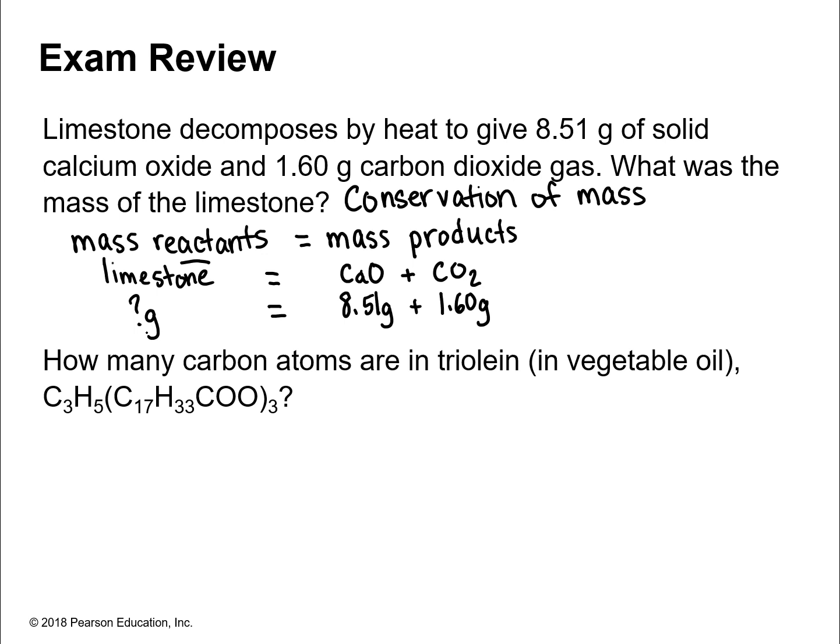If we add together the masses of the two products, we'd get 10.11 grams. So that's the mass of all the products. Since there's only one reactant, the mass of the limestone has to equal the mass of both of those products. So the mass of the limestone is 10.11 grams.